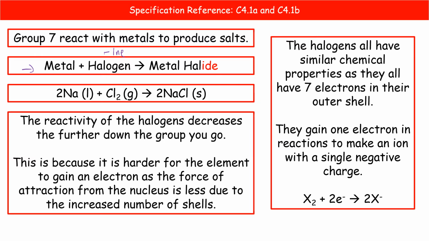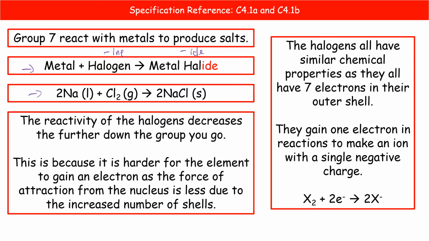When it's joined to the metal as the salt, it must end in IDE. If you write something like sodium chlorine as the salt, you're not getting the mark. The ending is important, okay? So on its own, all halogens end in INE. When they're joined to a metal, they all end in IDE. So just go careful on that.